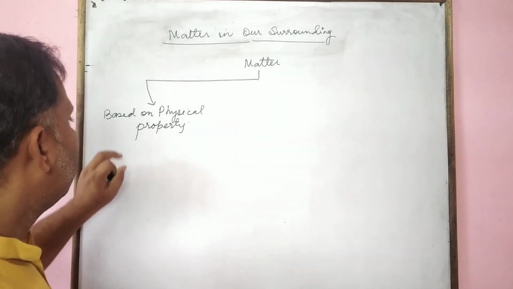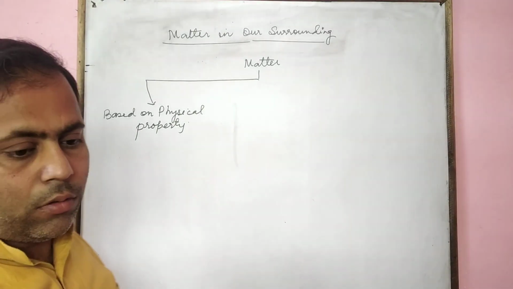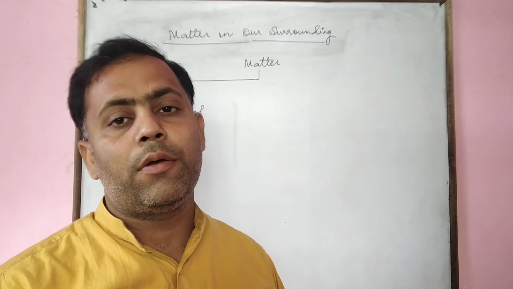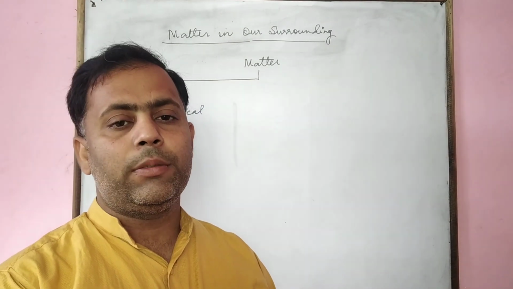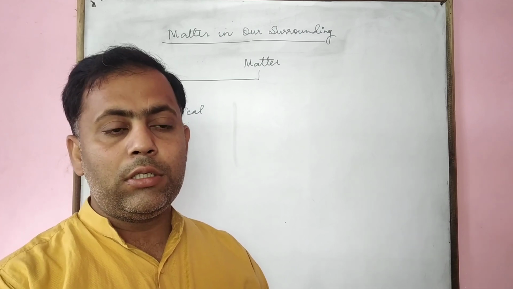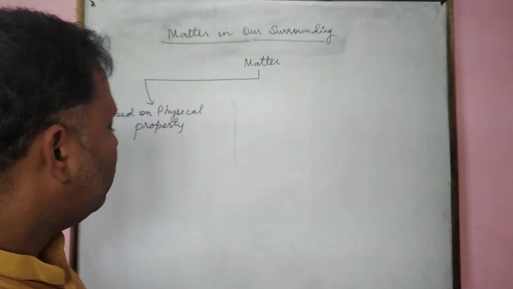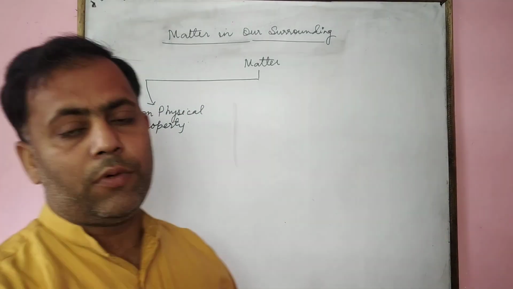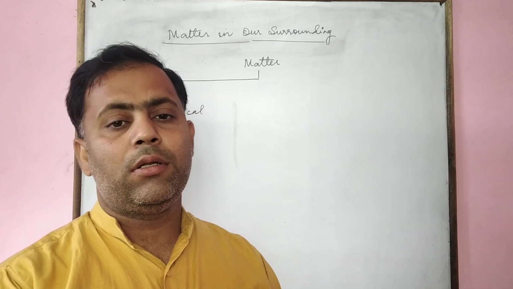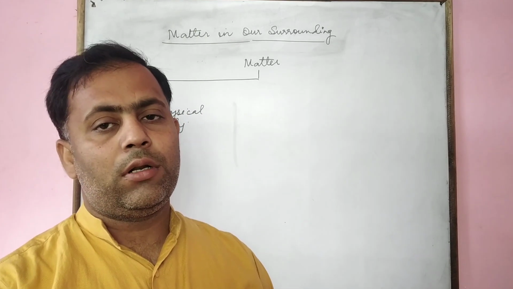We know what is physical property. It means the property which we observe during a physical change. But the question arises in our mind, what is physical change? Physical change means, if we have ice and when we heat it, it is converted into liquid water.